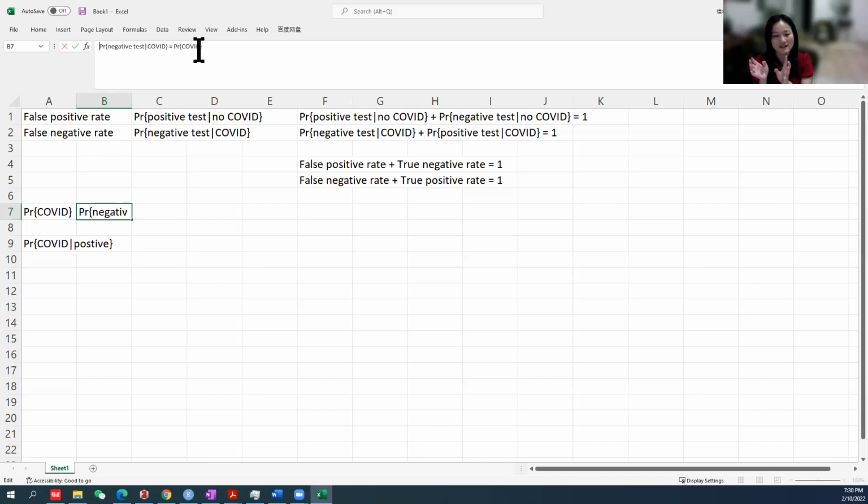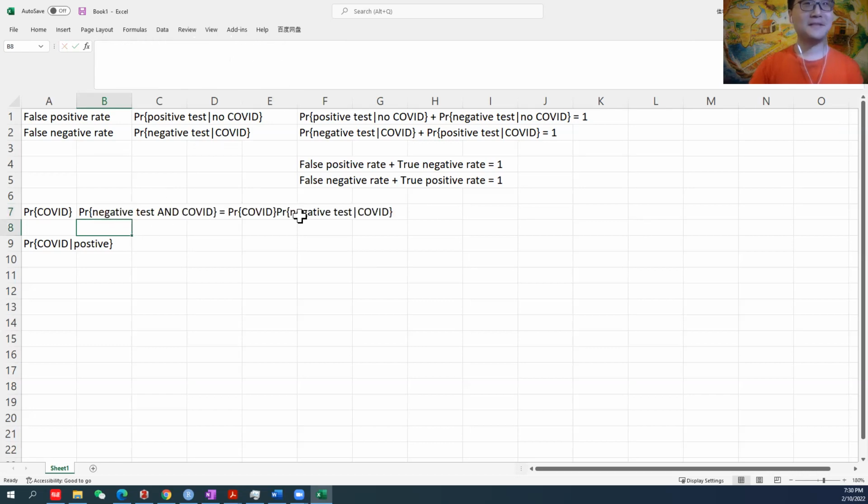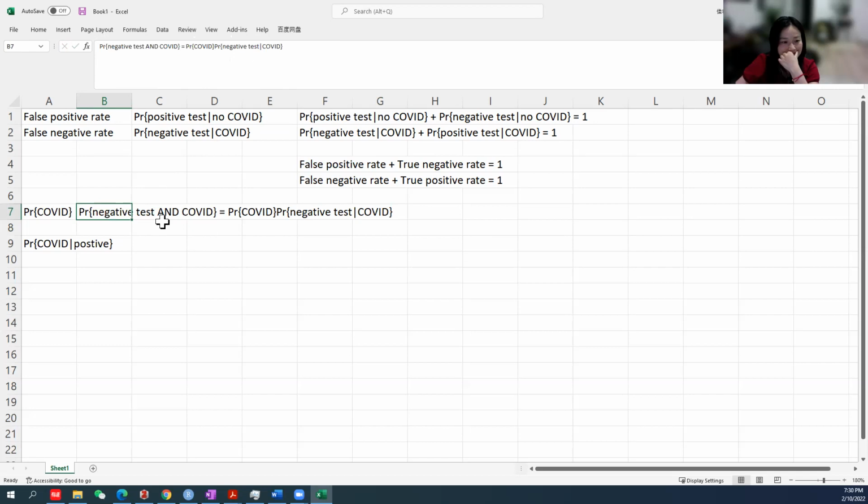I see. Okay, hold on. I guess that's probably because I made a mistake. Here, this is the correct one. This is the intersection of these two things happening together. It's not a conditional probability. That's how we use conditional probability, like this part, conditional on COVID.